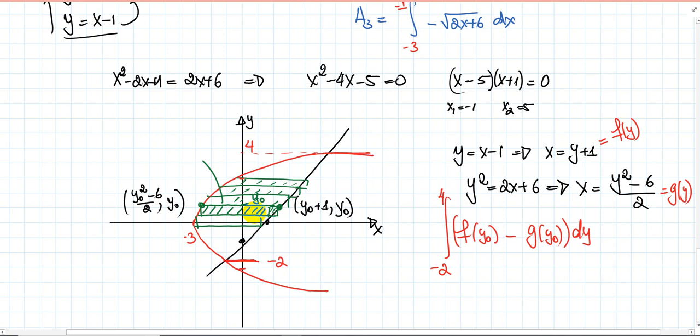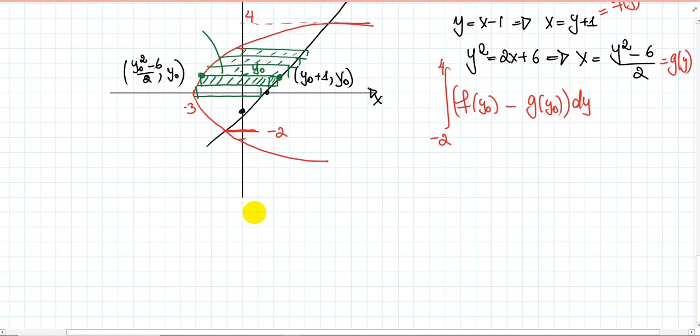Then we need to integrate f of y minus g of y with respect to y. So instead of making 3 areas, we can make only 1 area by integrating functions with respect to y. We are using the same concept. It is important to understand the concept of the integration.